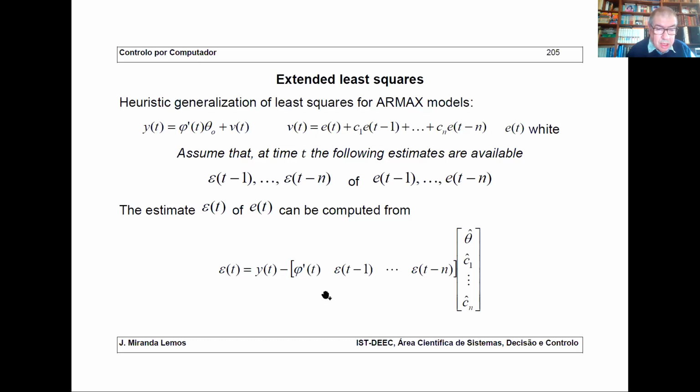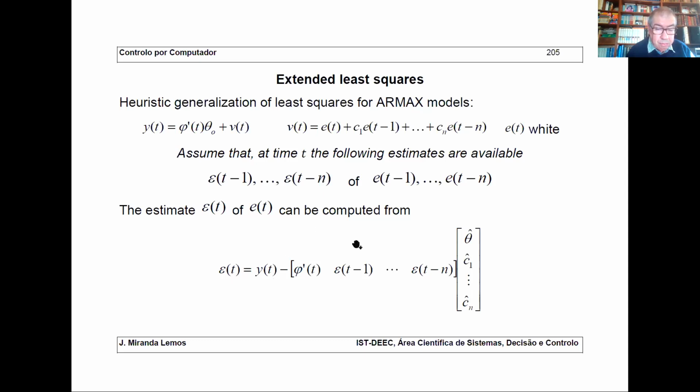So we enlarge our regression model by including the past samples of epsilon, and the vector to include the values of c. So the estimation vector is enlarged by adding estimates of c1 to cn. And we expect this to be small, but it's not 0, and we call it epsilon.